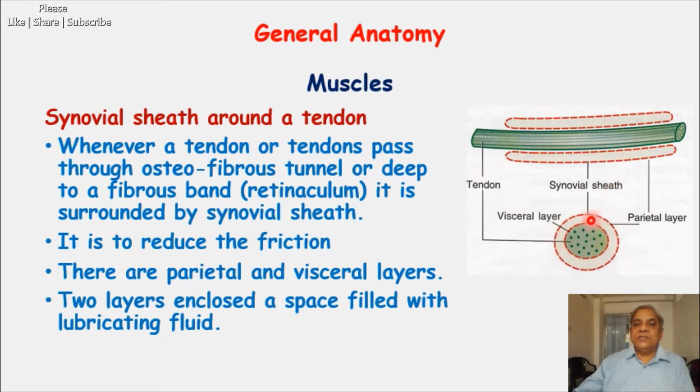As you can see in this transverse section, it has two layers, a layer which is intimately covering the cross section of the tendon, and a layer which is covering outside. There is a space between the two layers, which are called the visceral layer and the parietal layer, and there is synovial fluid. This synovial membrane is just similar to the synovial membrane of the joint, which secretes the lubricating fluid.